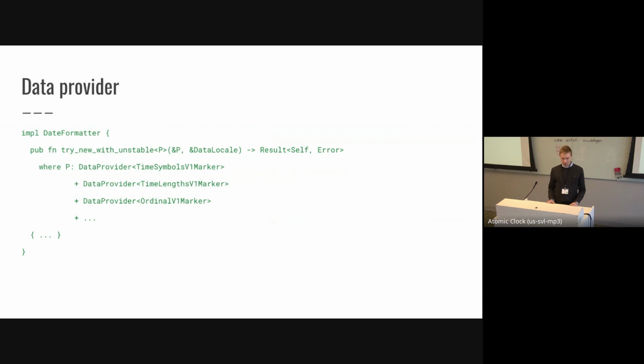And this basically requires a data provider that can provide these types of data. There's loads more because date formatting requires quite a lot of data. But for example, it requires symbols for formatting the time, it requires some plurals information, and the Gregorian date symbols will be somewhere in there as well.